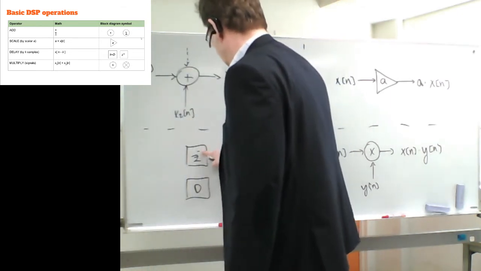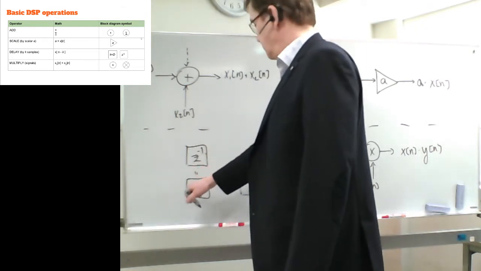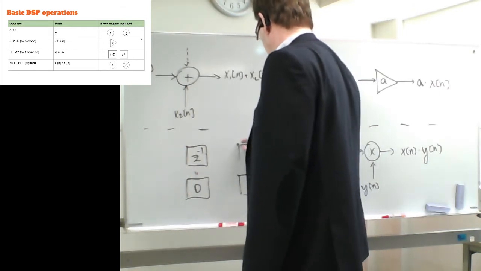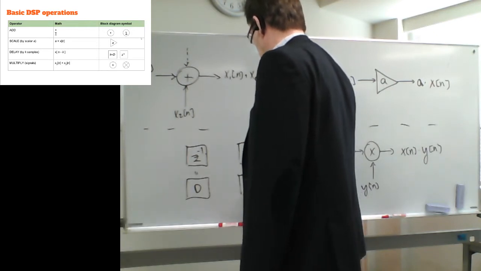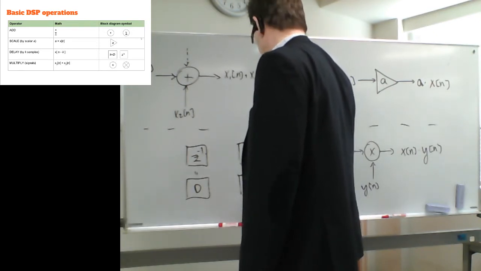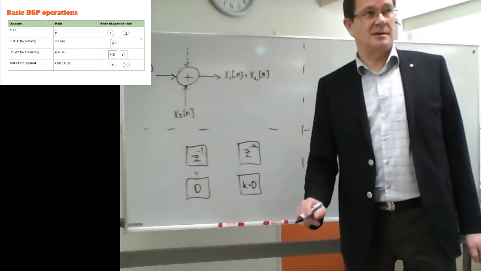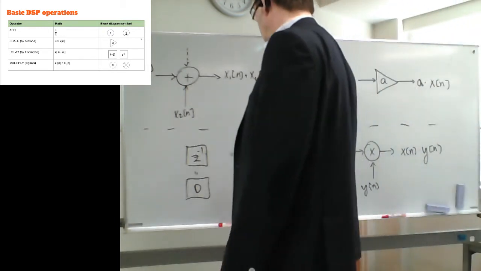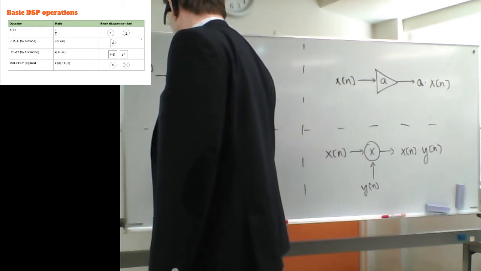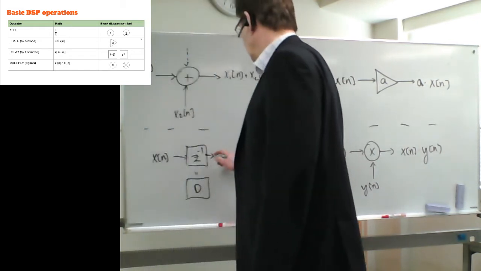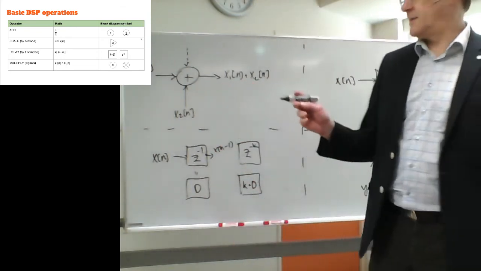Okay, let's make it this way: z to the minus 1 is exactly the same as just d, like delay, and z to the minus k is k times delay, or sometimes actually it's delay d to the power of k. Okay, so those are the same, and simply if you have x of n coming in, then that would be x of n minus 1. All right.